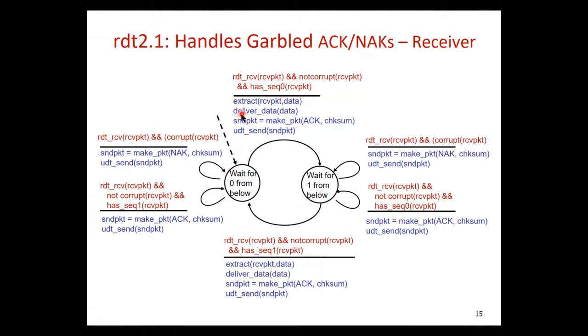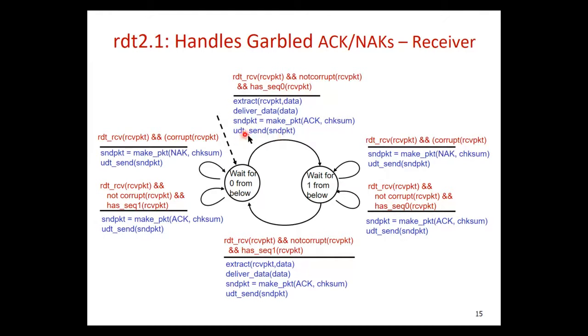Extract the data, deliver it to the layer above, build the positive ACK. But now the ACK needs to carry a checksum because the sender must be able to detect if the feedback is corrupted. So we need to attach the checksum to protect the ACK. Okay, and then send the ACK.